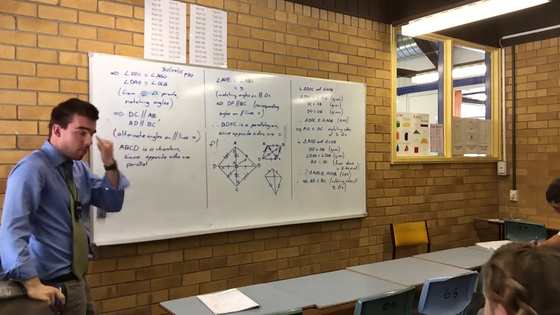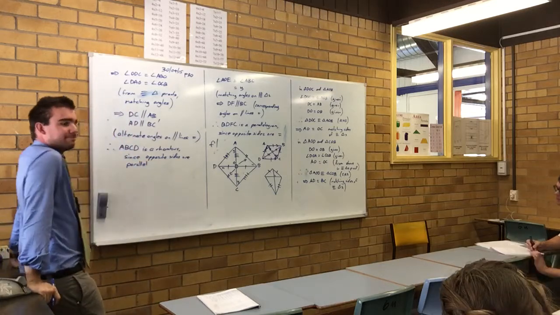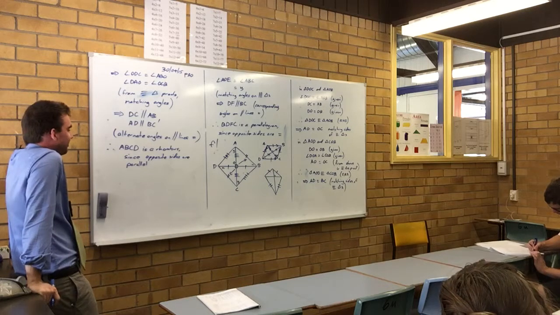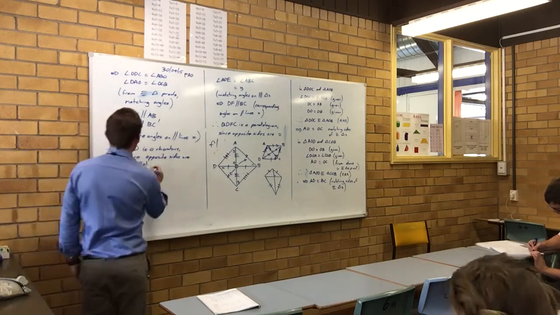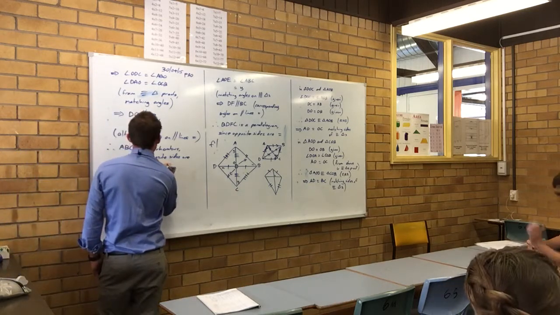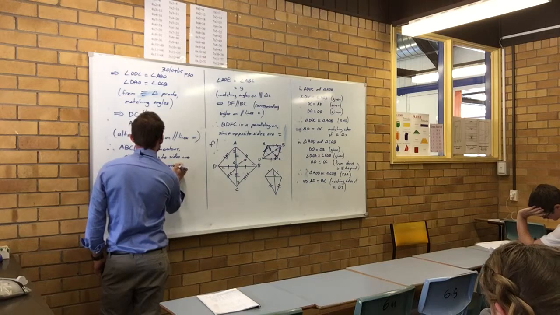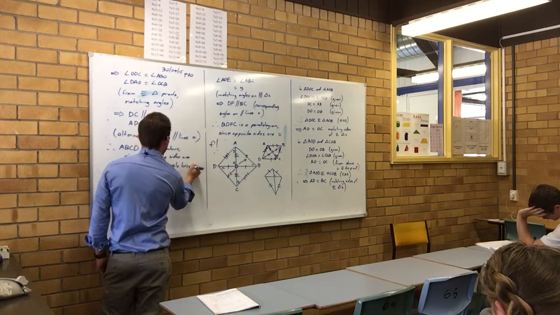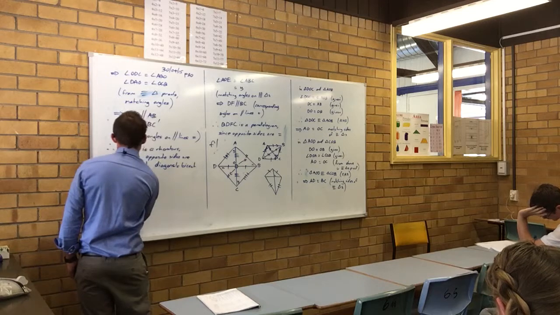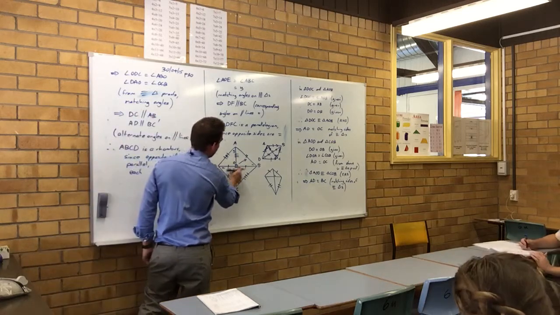So a square is a type of rhombus, but a rhombus is not a type of square. Since opposite sides are parallel and also the diagonals bisect each other, that's why we need to show these sides were equal.